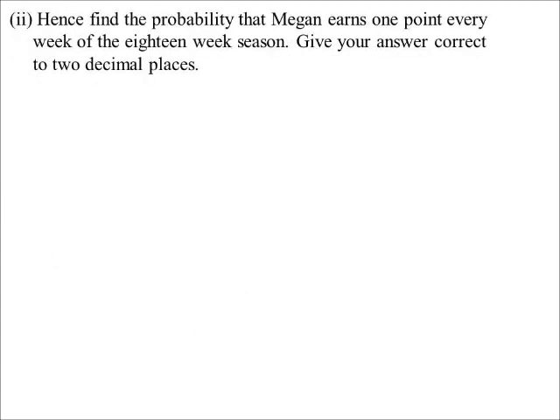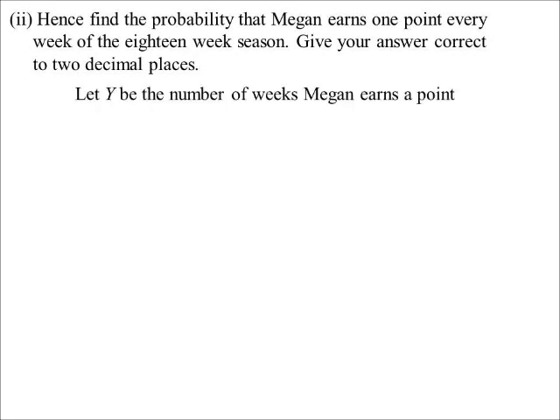We now want to work out the probability that Megan earns 1 point every week of the 18-week season. So now we're going to say, let Y be the number of weeks she earns that point. So we want to know, when is Y equal to 18? She's going to get 1 every single week. But remember, we just worked out the probability of her getting a point is 0.7901.